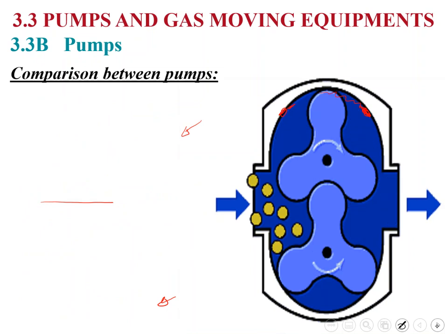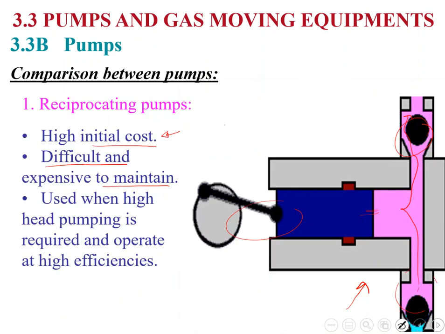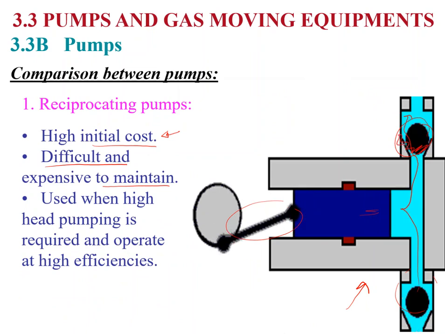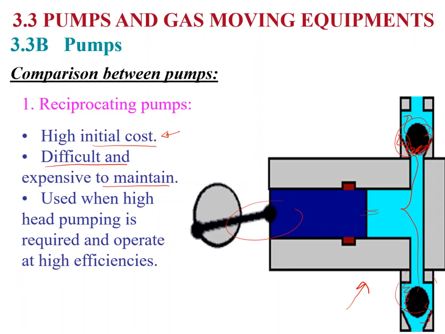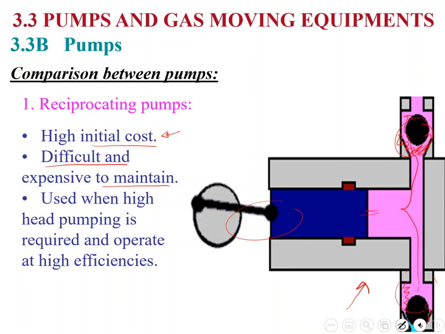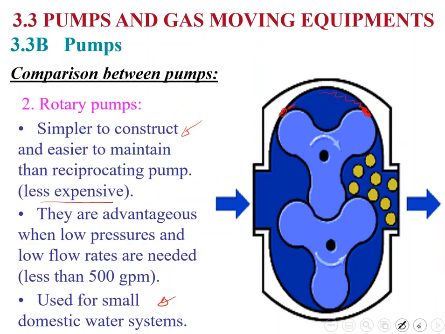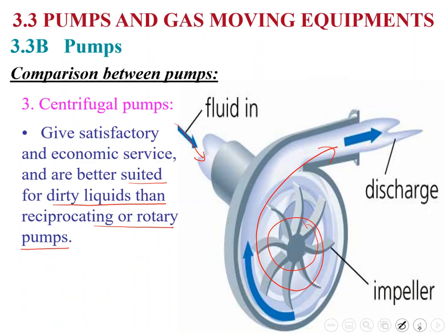And the same thing applies if you are talking about this one, which is the piston cylinder, where you will have those valves, so you will get problems with, let us say, solids trapped here and causing problems to your pump. So this is why they are better suited for dirty fluids or dirty liquids.